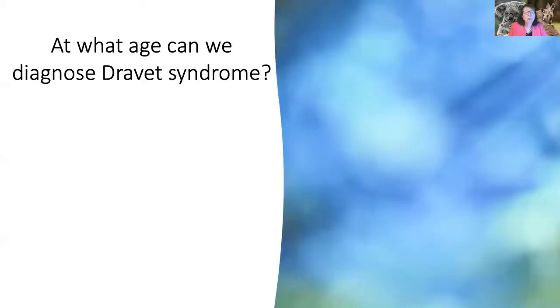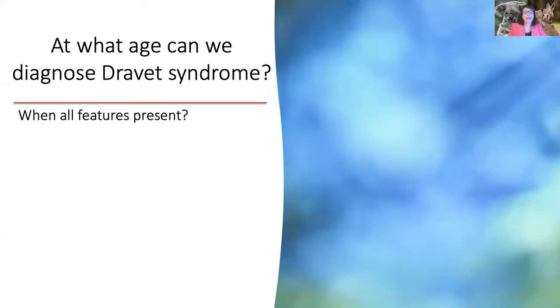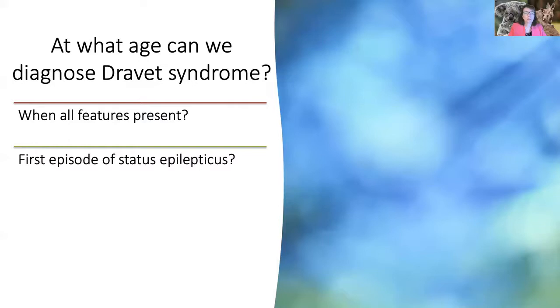This is important in helping us to diagnose at what age we can actually make a diagnosis, as this is becoming of critical importance as we enter precision medicine therapies. Do we really need to wait till a child is 2 or 3 years of age when all the features are present?